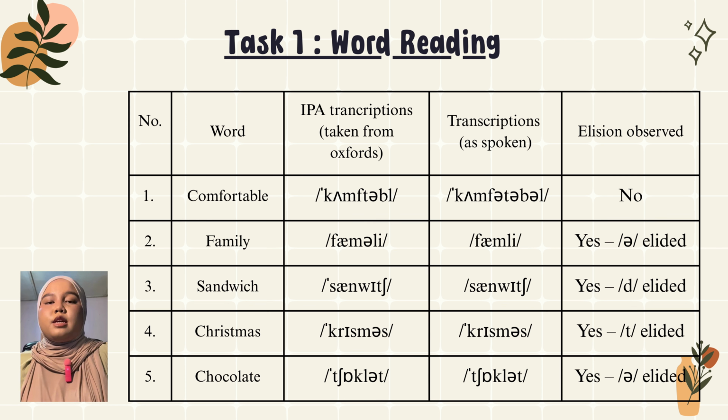Instead of saying "chocolate" with three syllables, it became "choclate". The middle vowel is compressed or dropped for fluency, a common native speaker trait that is often picked up by ESL learners in informal environments. Hence, that is why it becomes "choclate".